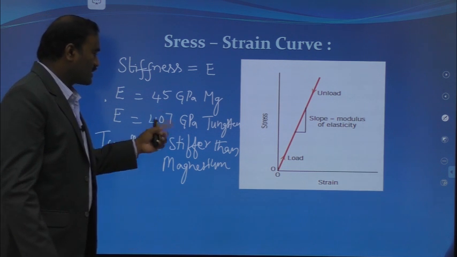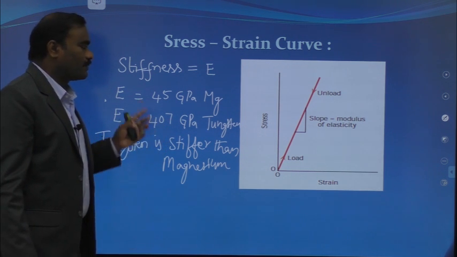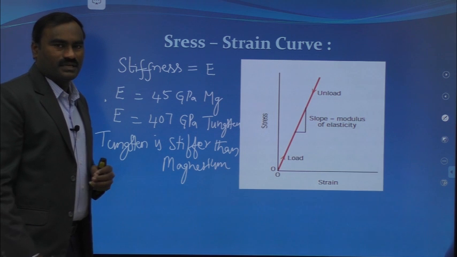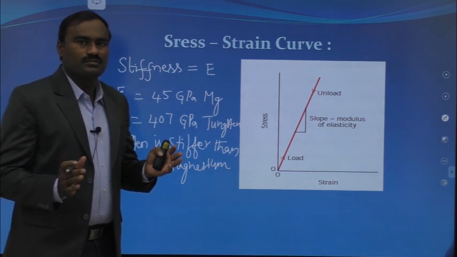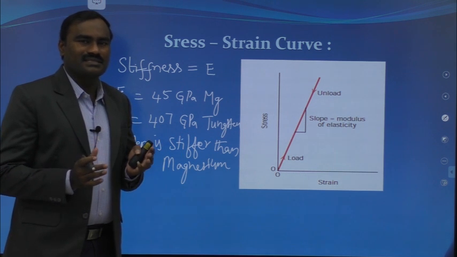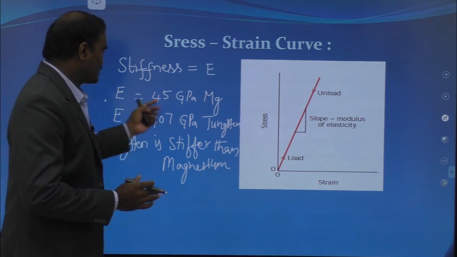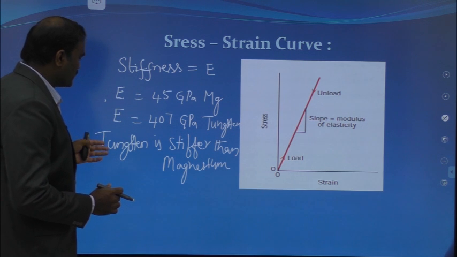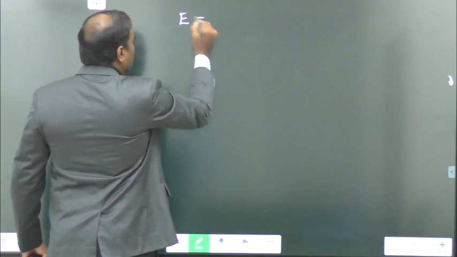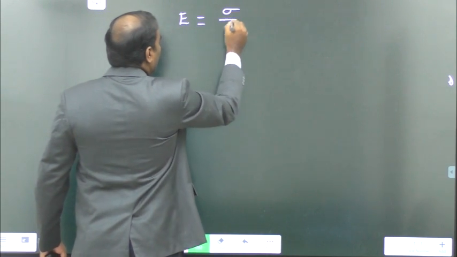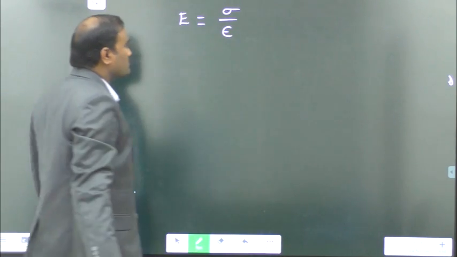That means it will not undergo considerable plastic deformation. Let us see this by using the formula. We have Young's modulus E is equal to sigma by epsilon.